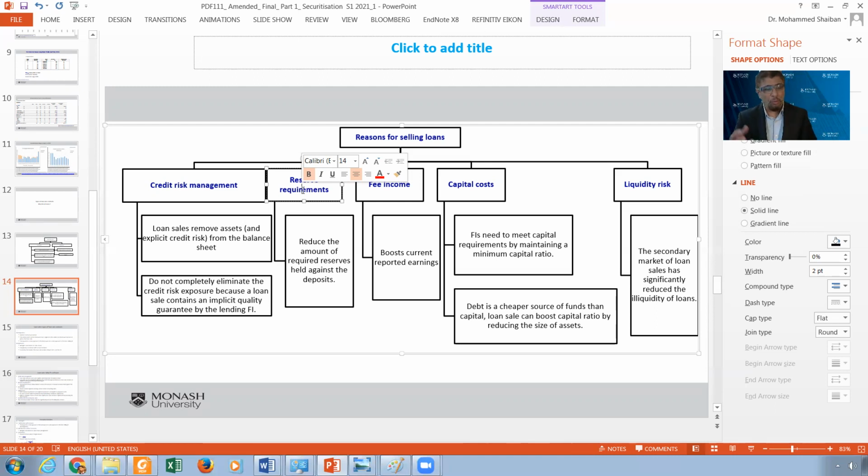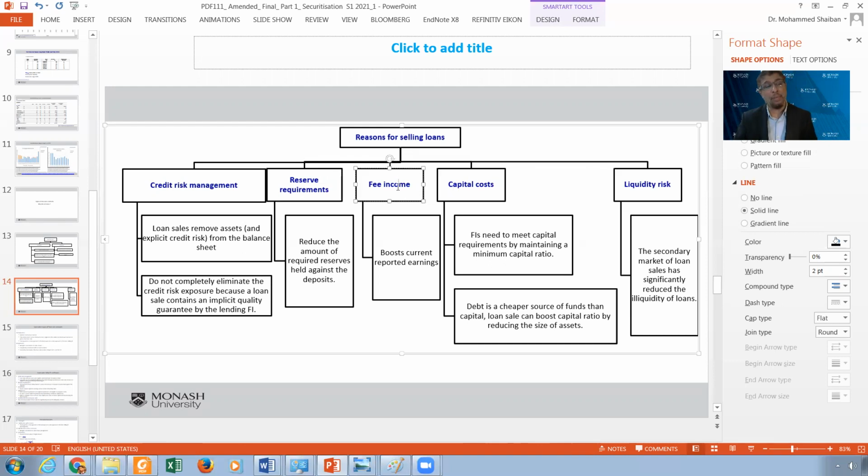So if you have 100 billion of loans and you sell or securitize 20 billion of them, which is 20%, and you manage to get this money back to the depositors, actually you now have only deposits of 80. In this case, of course, you will withdraw or decrease that reserve requirement in the central bank.